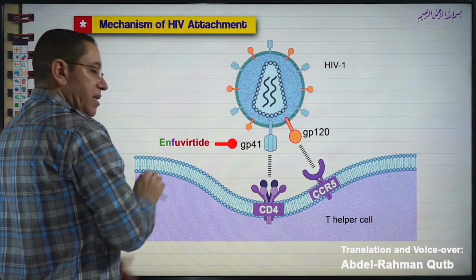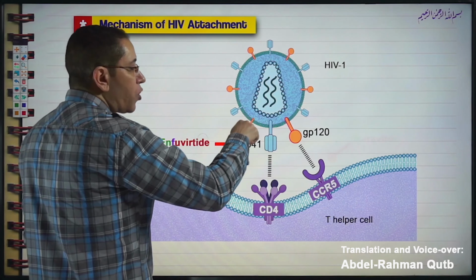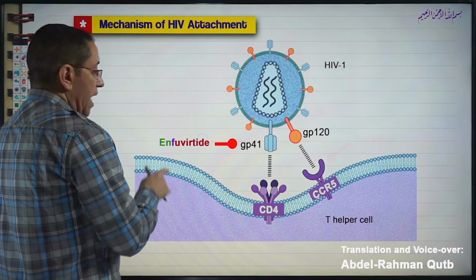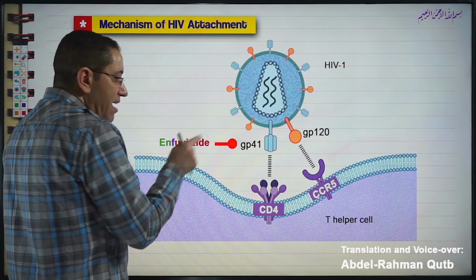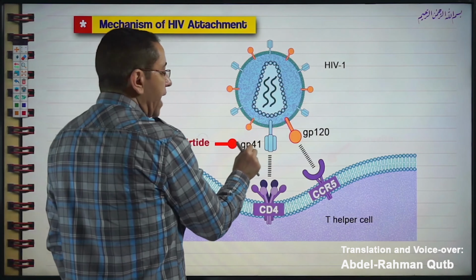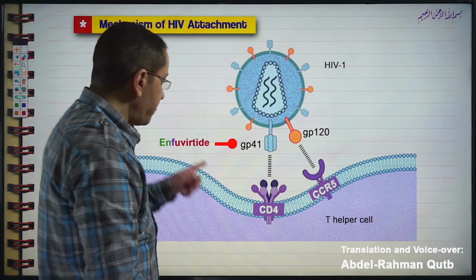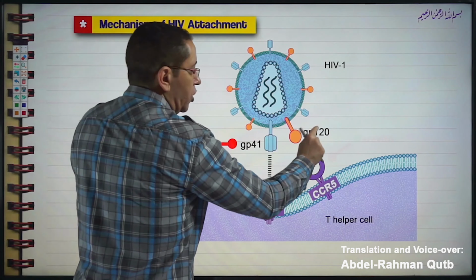Thus the N tells you that this drug, from its name, you know it attaches to the virus itself, to the envelope, not the T helper cell. This F in the purple color reminds you of the number 4. So it attaches to the glycoprotein number 41. This F should remind you of 4, so don't mistake it for another one that attaches to the 120.